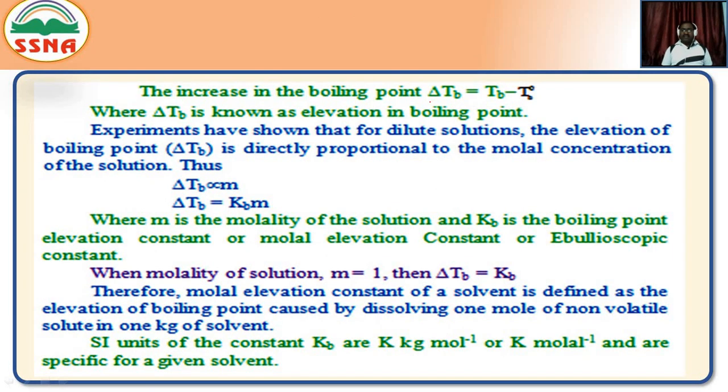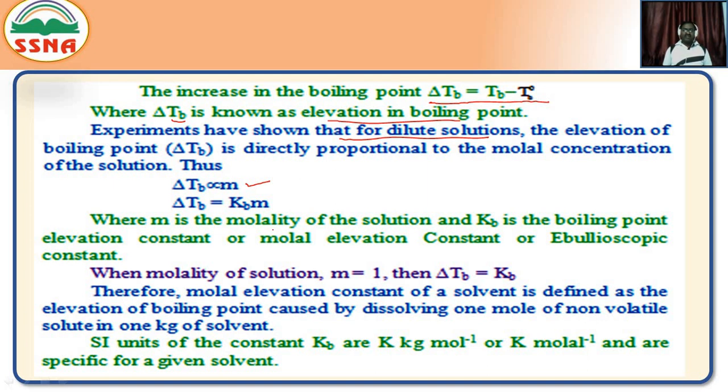This is the mathematical expression for elevation in boiling point: delta Tb is equal to Tb minus Tb naught, where delta Tb is known as the elevation in boiling point. Experiments have shown that for dilute solutions, the elevation of boiling point is directly proportional to the molal concentration of the solution.